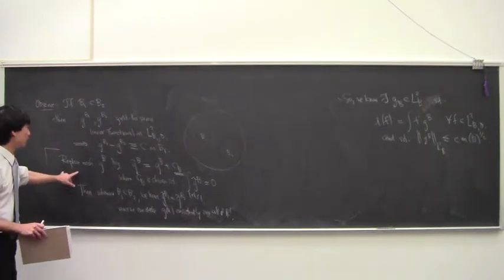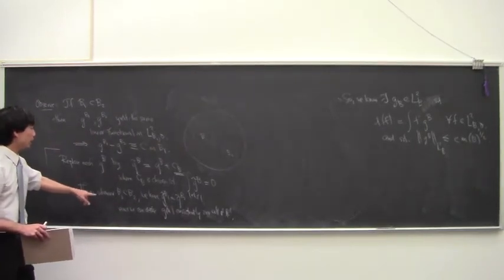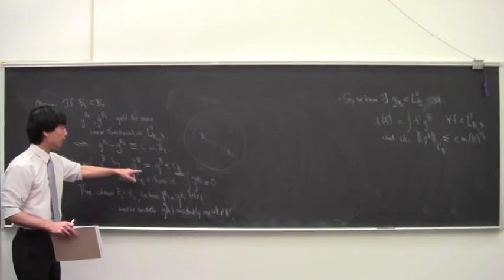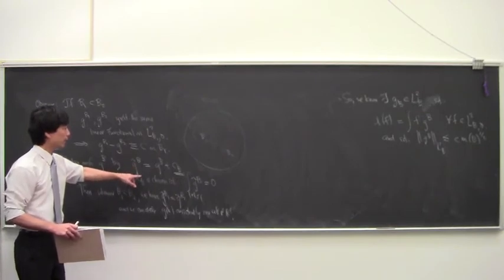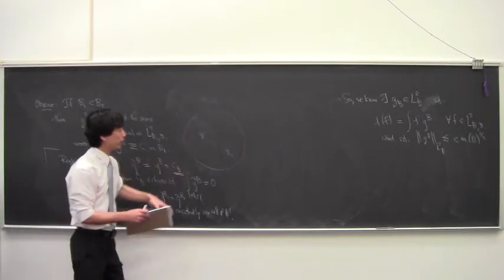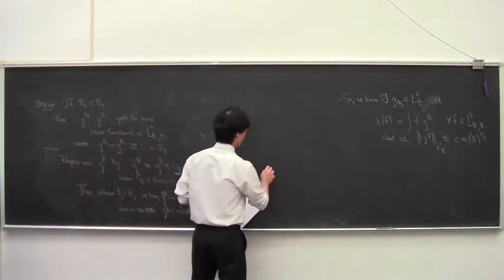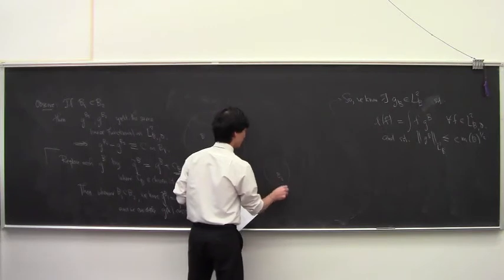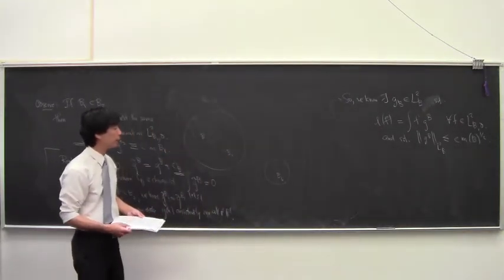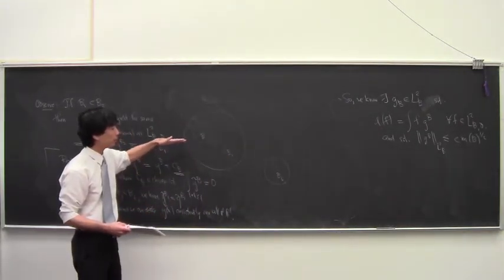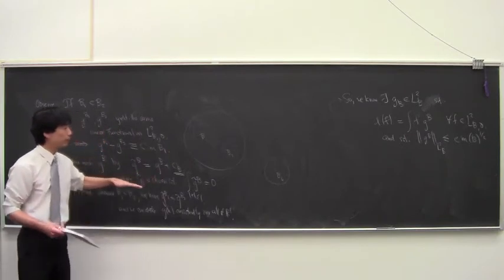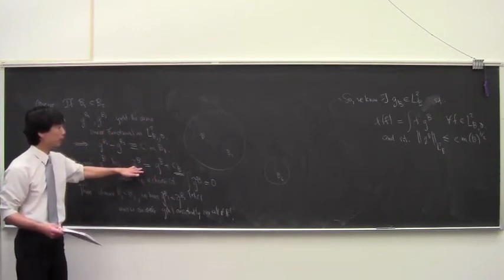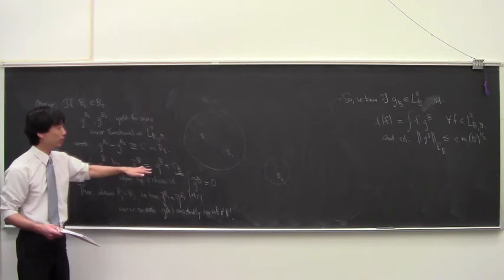Okay, so what they're saying is, let's add on constants so that whenever we integrate the guy, so suppose here's the unit ball over here. Subtract off a constant so that the integral of that guy over the unit ball is always 0.